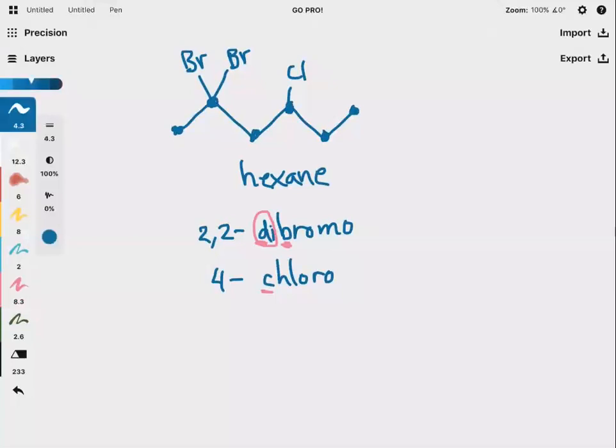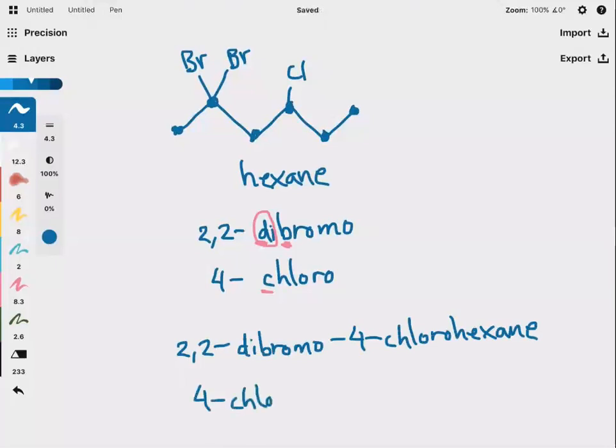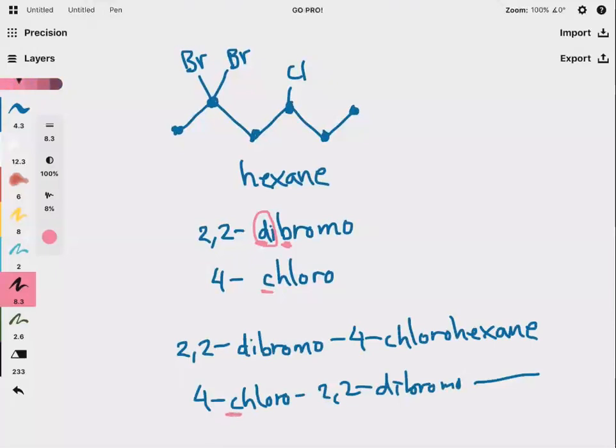So the way we would write this out is we would say 2,2-dibromo, 4-chloro, hexane. We wouldn't have written the chloro first, like 4-chloro, 2,2-dibromo, etc., thinking that the C of chloro beats the D of di.